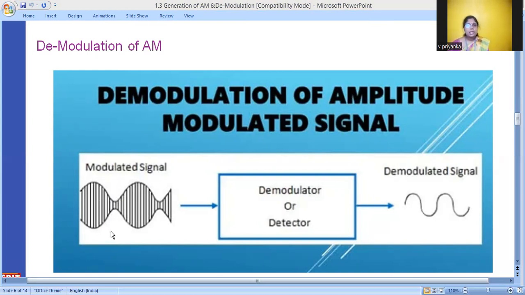The modulated signal has both the modulating signal and the carrier signal. This amplitude modulated signal is given to the demodulator or detector, then we get the demodulated signal, which is known as the baseband signal or message signal. What we send from the transmitter is received through the receiver. This is the process of how a modulated signal is converted into a demodulated signal.